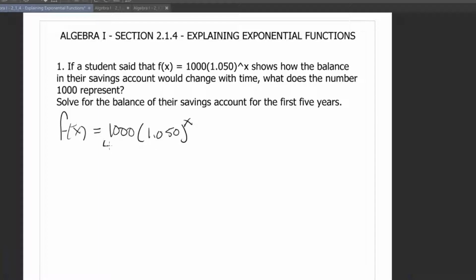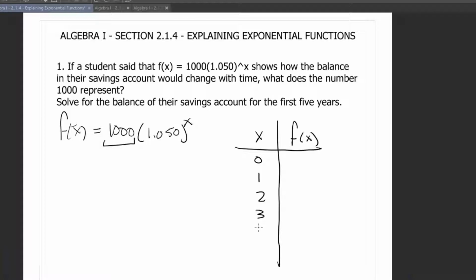So they're asking, what does this 1,000 number represent, and solve for the balance of the savings account for the first 5 years. So let's go ahead and make a table on this side. We have x, and then f of x, or y, I guess. So we're going to do the first 5 years: initial, 1, 2, 3, 4, 5.